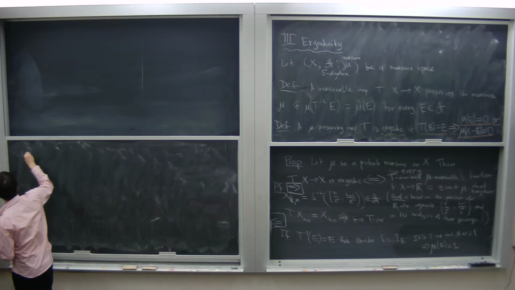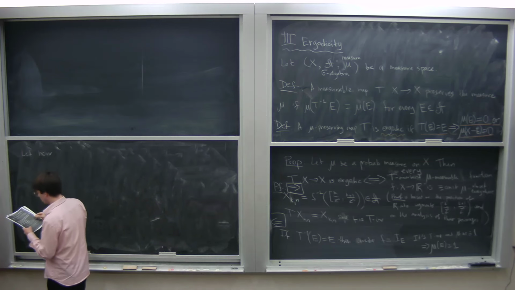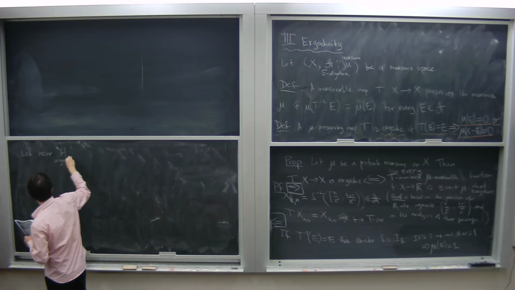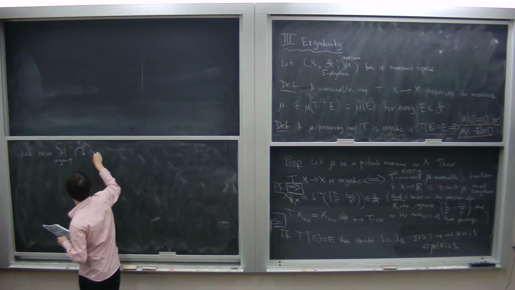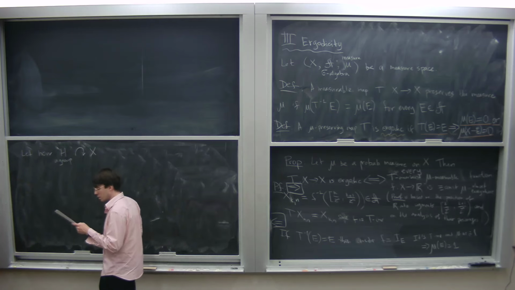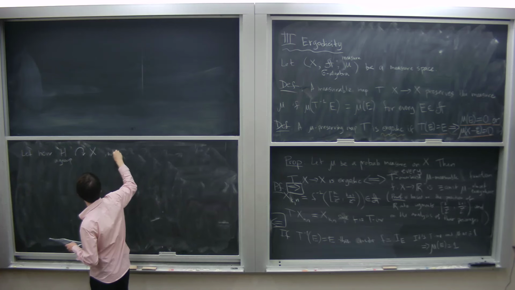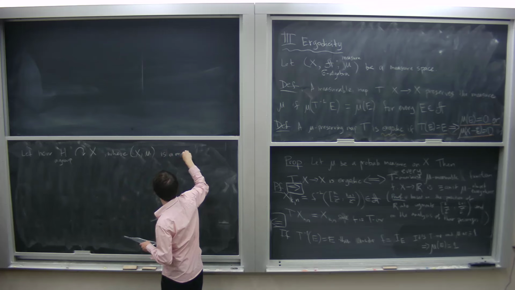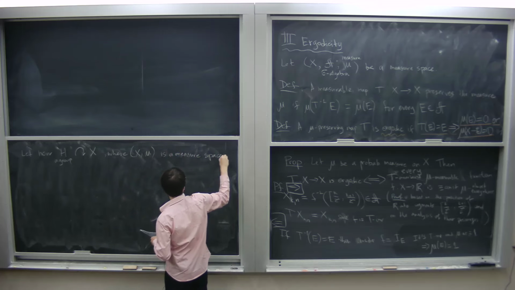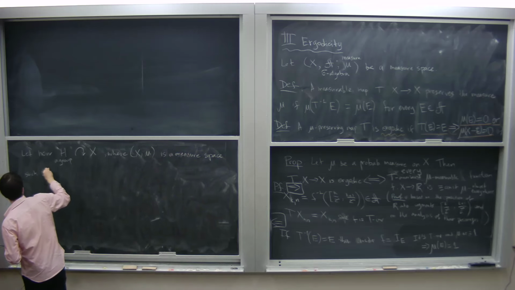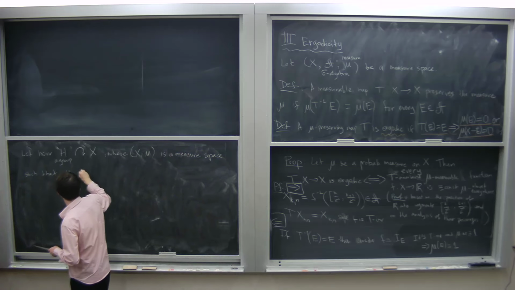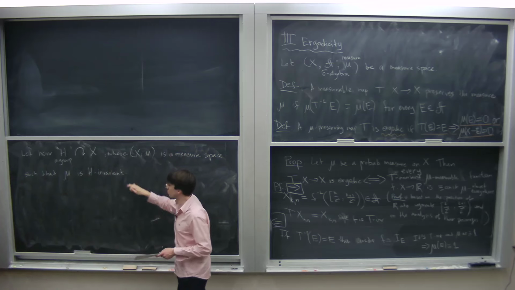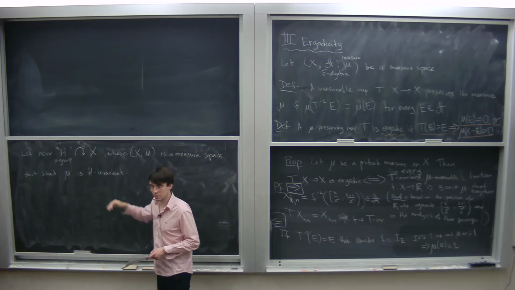Now H, a group, acts on this space X, a measure space, with some measure, such that the measure mu is H invariant.